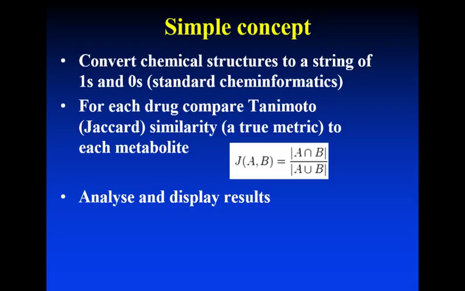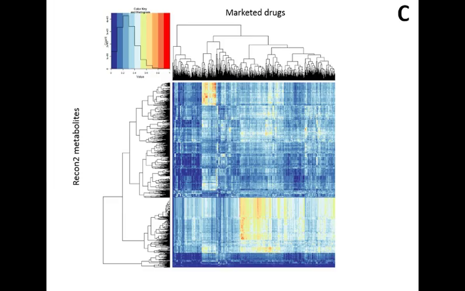There are ways of encoding chemical structures that end up as a string of ones and noughts, and you can then compare those strings with each other, such that the so-called Jaccard similarity, often in this field called Tanimoto similarity, is essentially the number of ones or noughts that are the same in two things versus the total length of the string, the intersection over the union, if you like to speak about it in set theory.